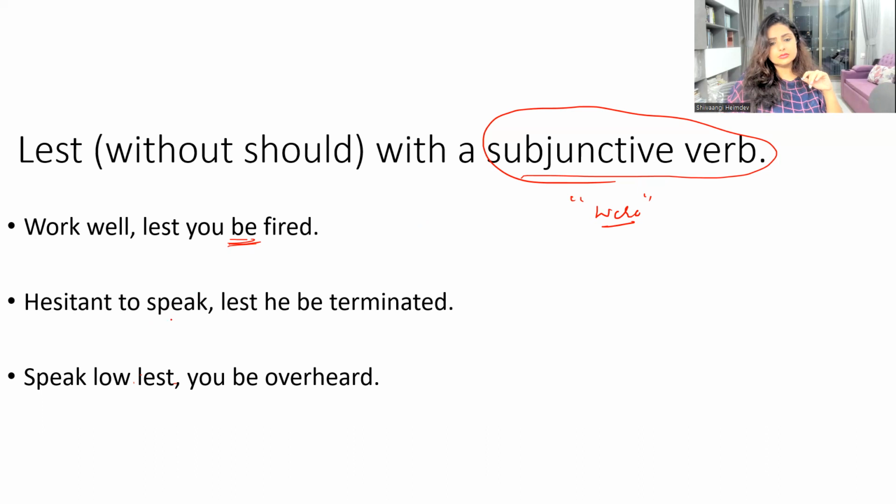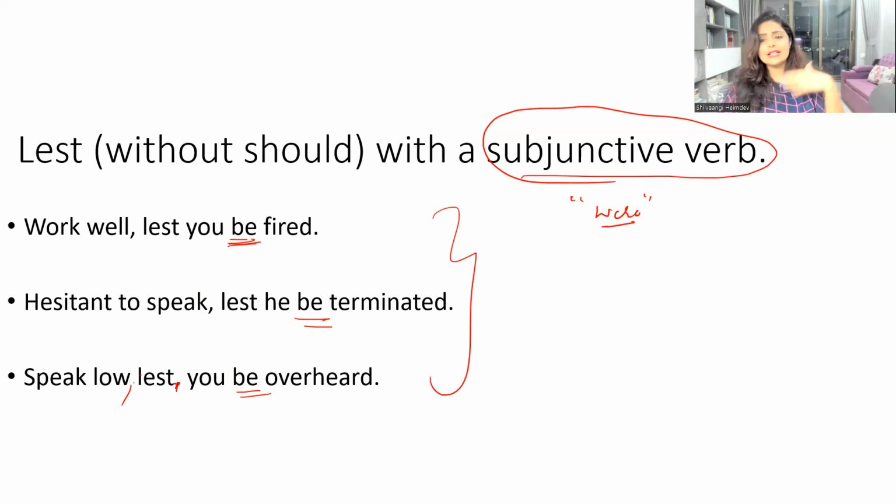Hesitant to speak, lest he be terminated. Be, again, a subjunctive verb. Speak low, lest you be overheard. This is again subjunctive. So these are also rarely used sentence structures, but these are correct structures.